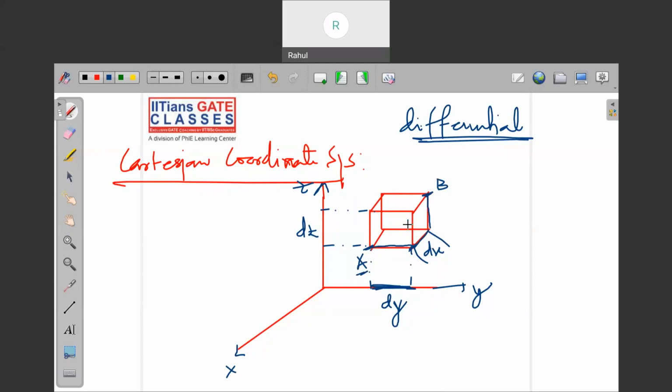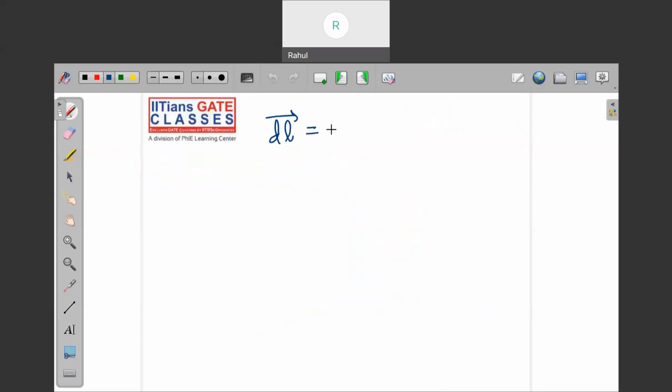So we can write here dl, covering dx length in the x direction, dx ax cap, plus dy ay cap, plus dz az cap, right?